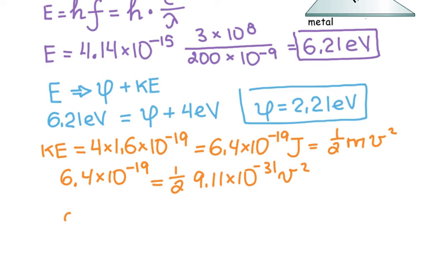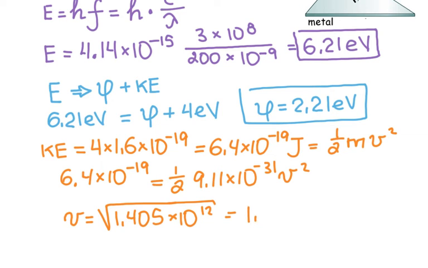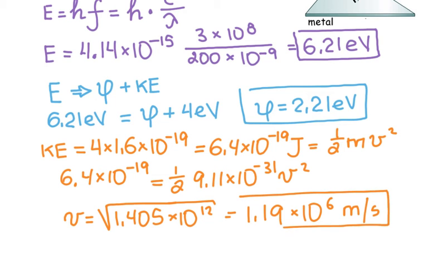So from here the velocity is equal to the square root of 1.405 times 10 to the 12, which gives me 1.19 times 10 to the 6 meters per second. And here I'm going to use this velocity to calculate the de Broglie wavelength.